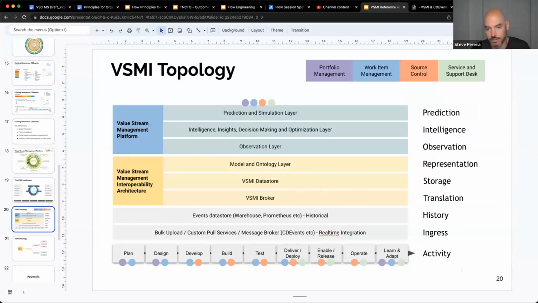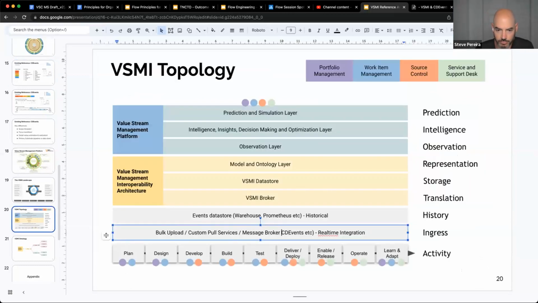Okay, got it. Is it fair to characterize it as a protocol then? I would say so. CDEvents is a protocol, yeah. Okay, got it.